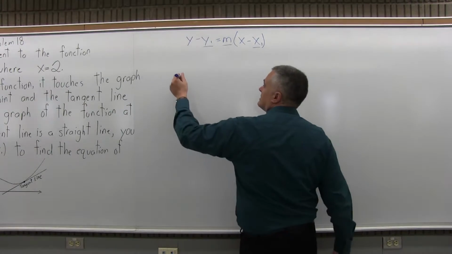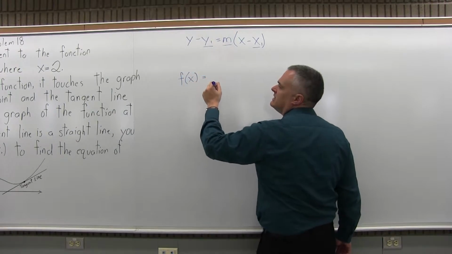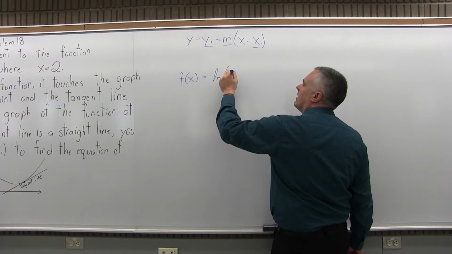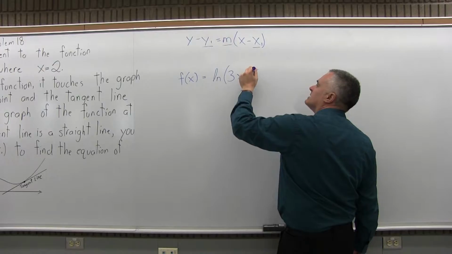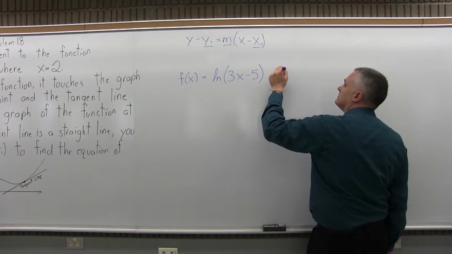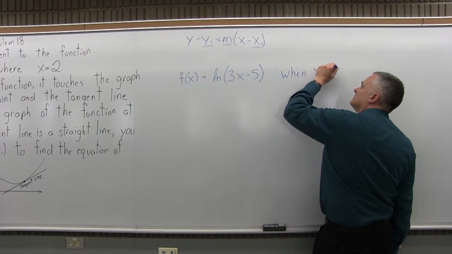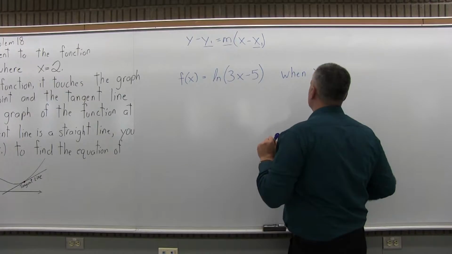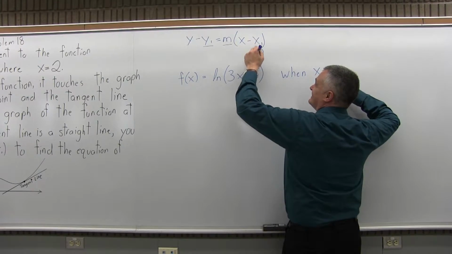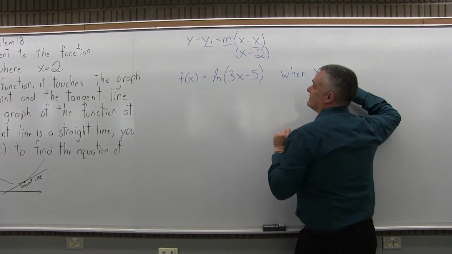So the function is f of x equals natural log of 3x minus 5, and it says when x is 2. So the fact that x is 2, that goes in for x1.